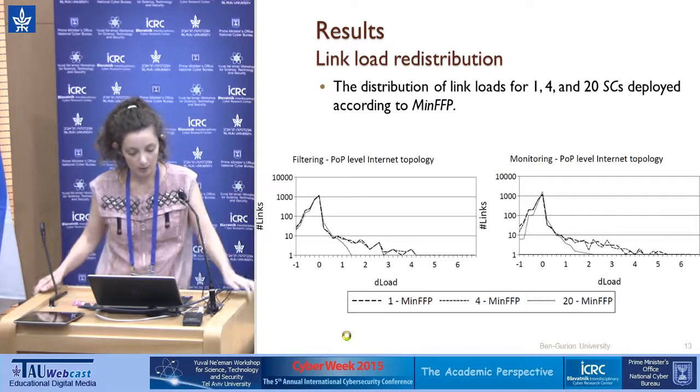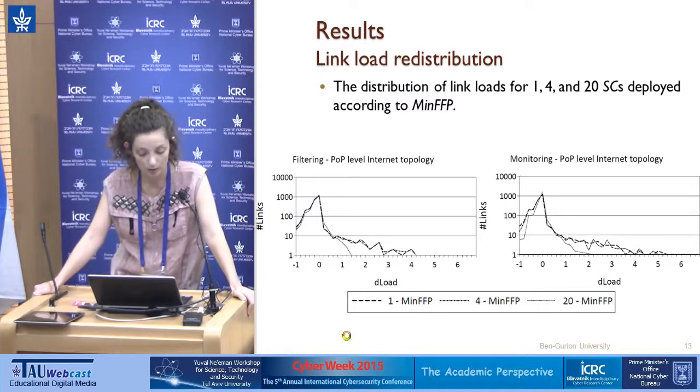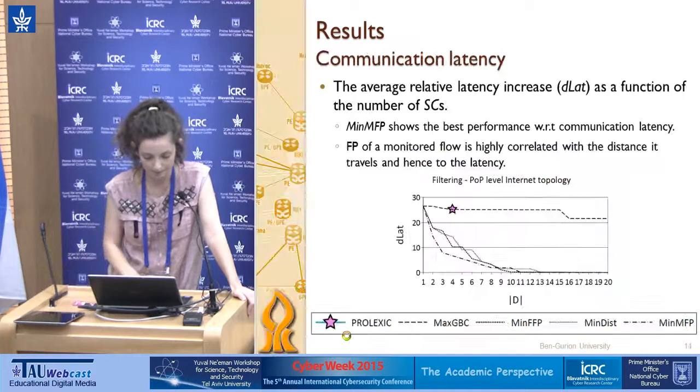We see that on most of the links the load did not change. There were many links on which the load decreased, but there were also links on which the load increased even by a factor of 6.